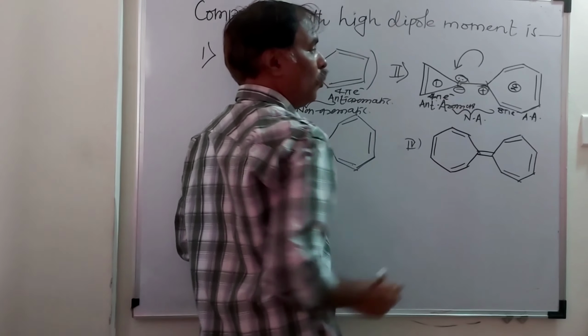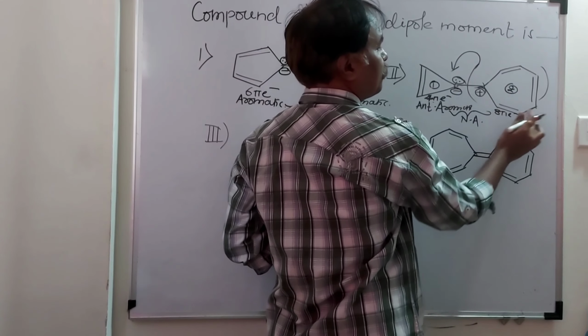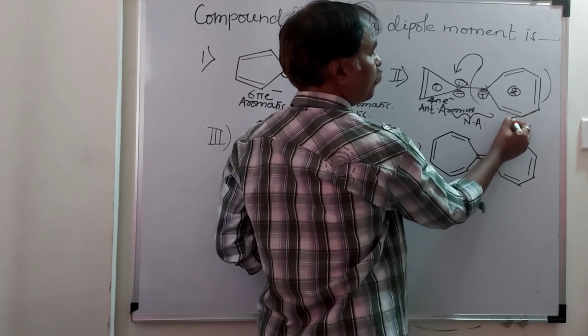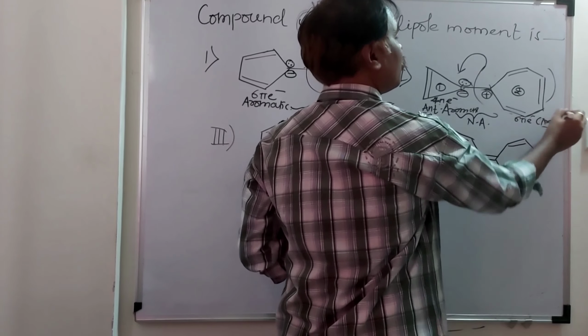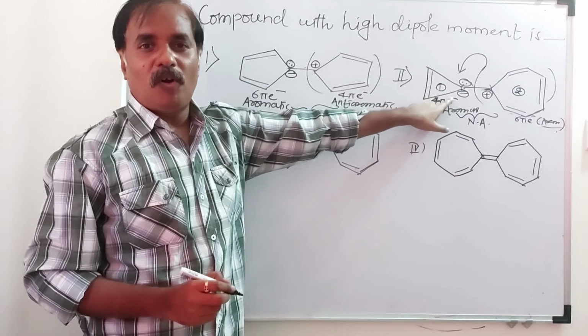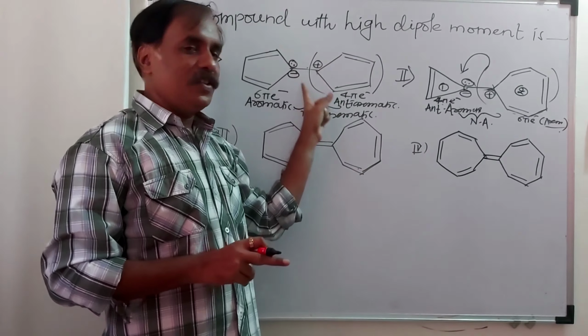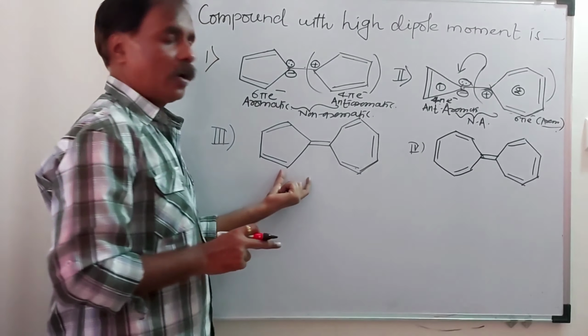And ring number 2, total number of pi electrons is what? 2, 4, 2, 6. And the second will be aromatic. So the overall compound is non-aromatic. Again it is unstable. First one is unstable. Second one is unstable.